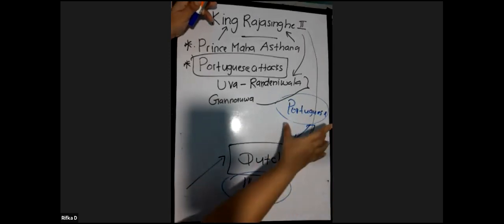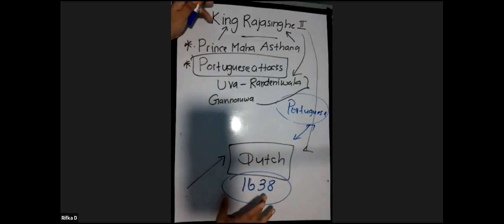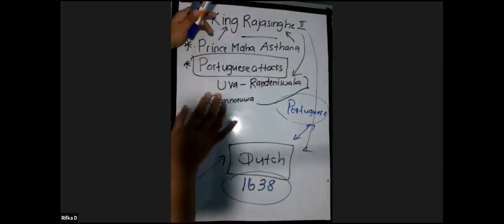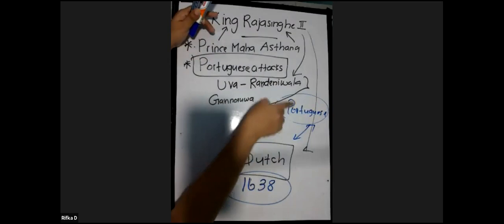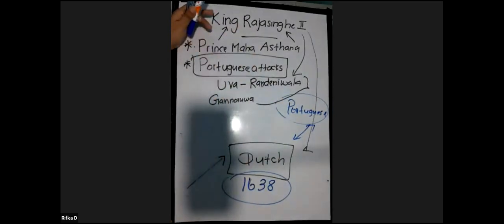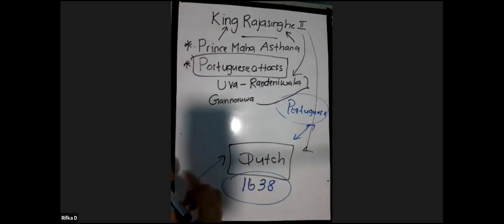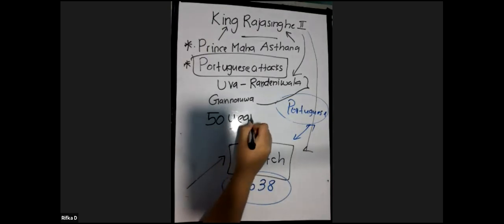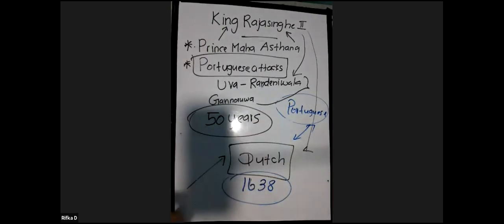So most of the fortresses which were under the Portuguese were captured by the Dutch, but Rajasingha II was still able to annex some of the other areas which were under the Portuguese to his kingdom. So Rajasingha II was one of the great rulers who ruled the Kandyan kingdom for nearly 50 years.